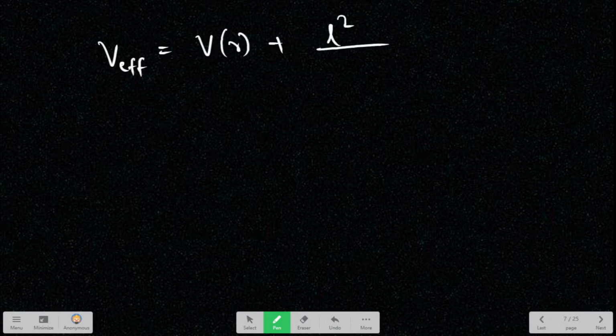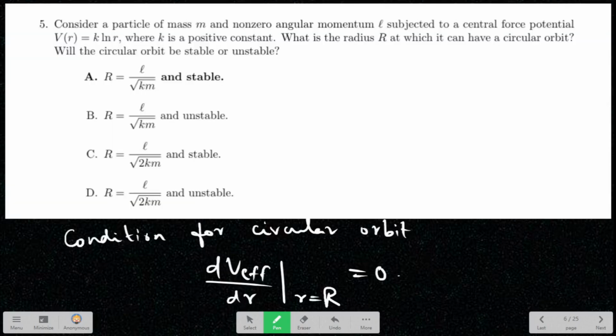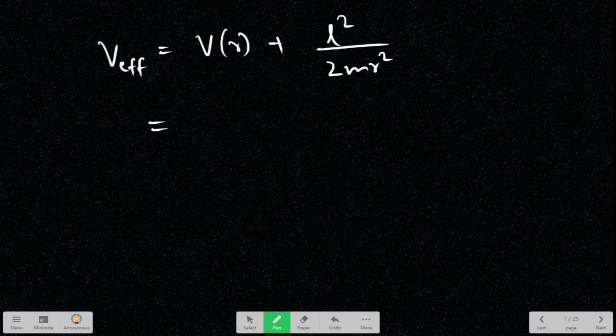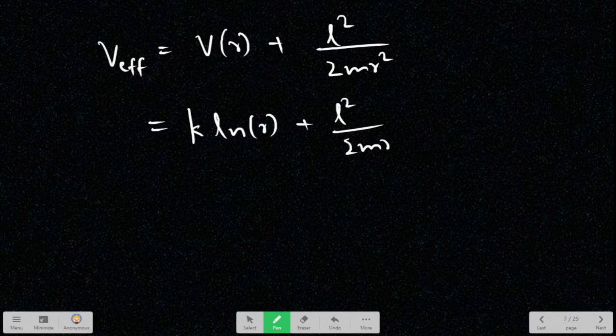Now V effective is equal to the given potential plus L square divided by 2mr square. So this is equal to k ln r plus L square upon 2mr square.